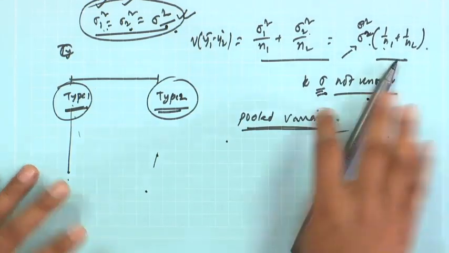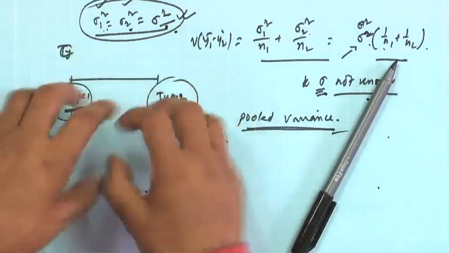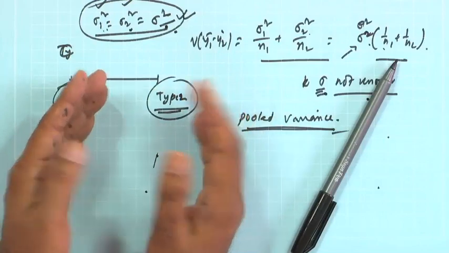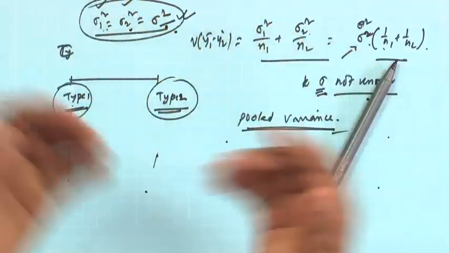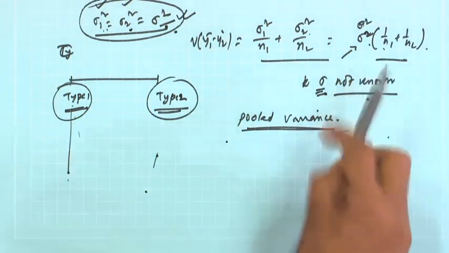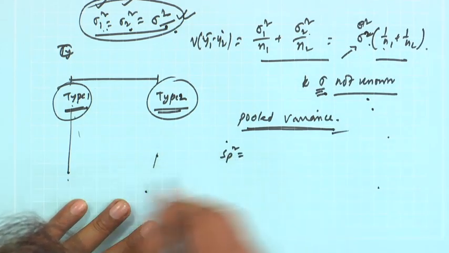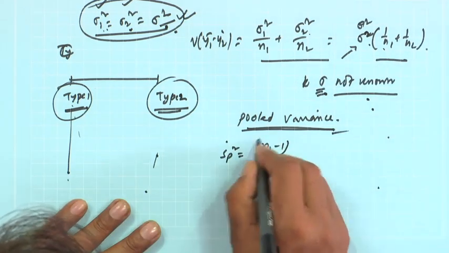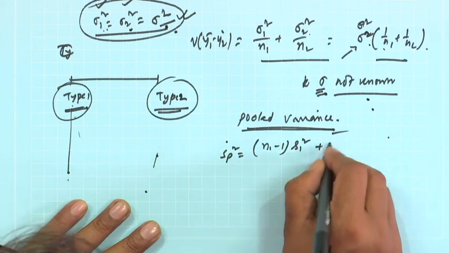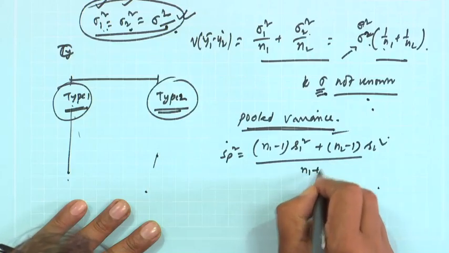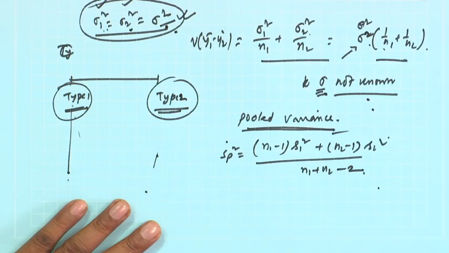We do not merge them and use the usual S square formula, rather we use a different formula, where Sp square is the pooled variance: n1 minus 1 S1 square plus n2 minus 1 S2 square, divided by n1 plus n2 minus 2.